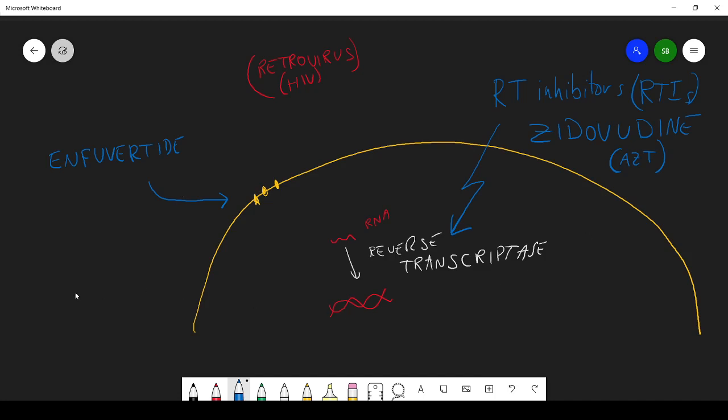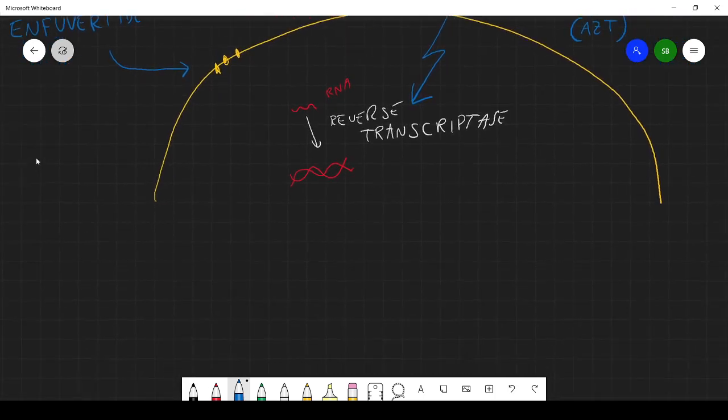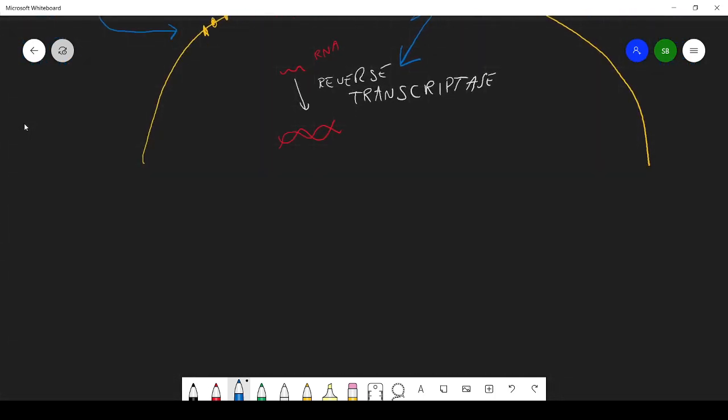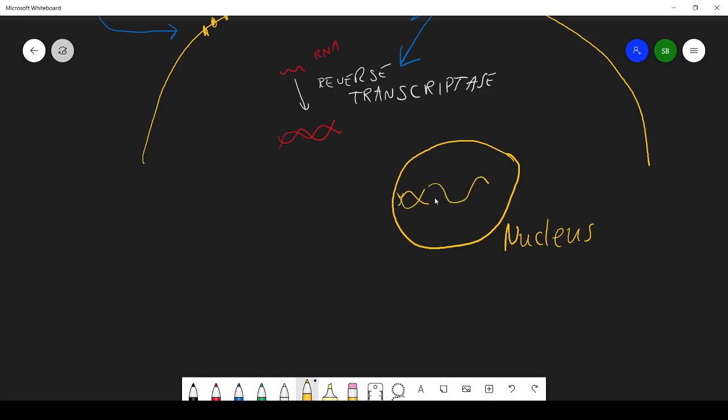So carrying on our virus's story, let's assume that it's managed to evade the reverse transcriptase. Perhaps it's mutated and so it's resistant. It's now got to get its DNA into the host cell nucleus. Remember the host has its own DNA. I'm going to draw this with a bit of a gap here, you'll see why in just a minute.